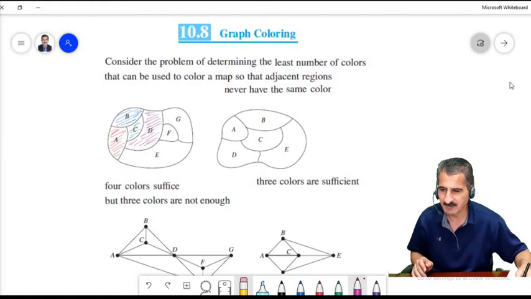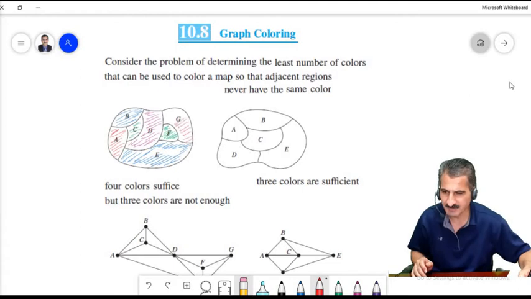Now I can color E blue because it is not adjacent to B. Now, this is fun, huh? And I can color F green and color G red. So how many colors did I need? 4 colors, huh? Interesting.